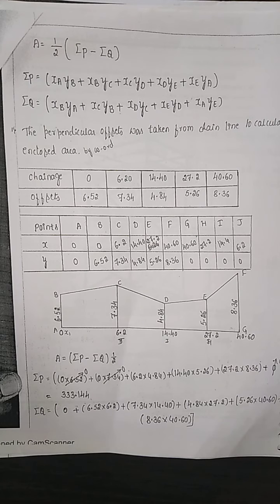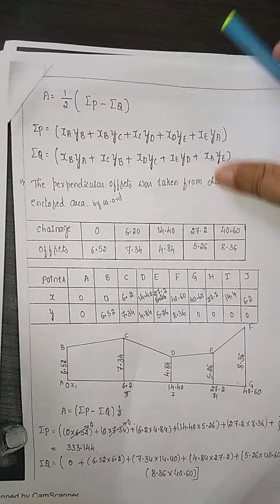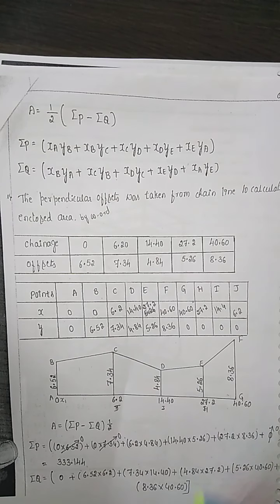Now, in order to find the area by coordinates, we are going to use the formula: area is equal to half into sigma p minus sigma q.